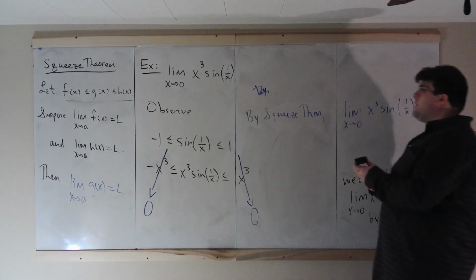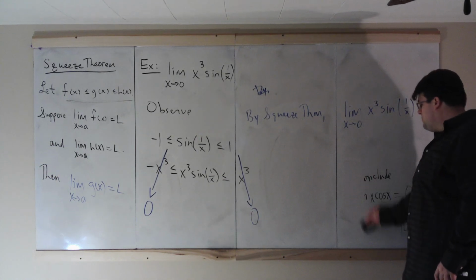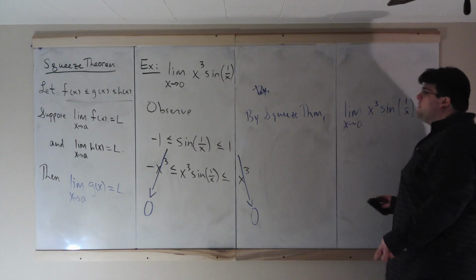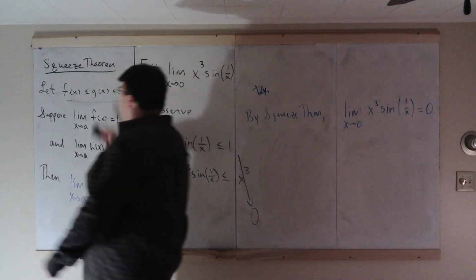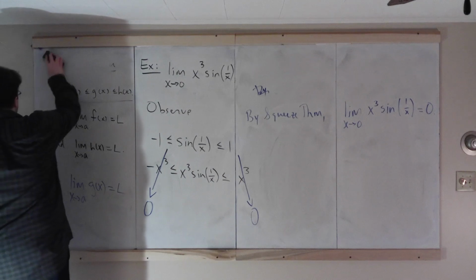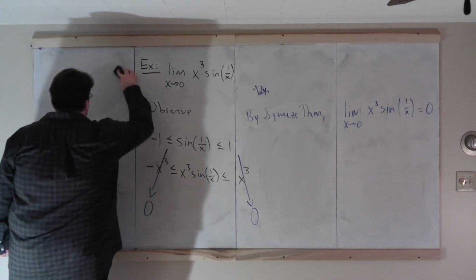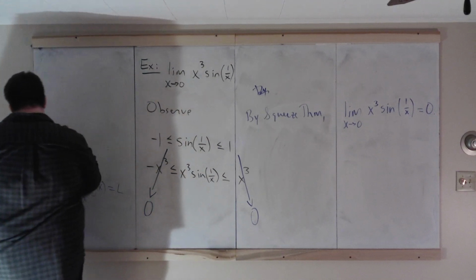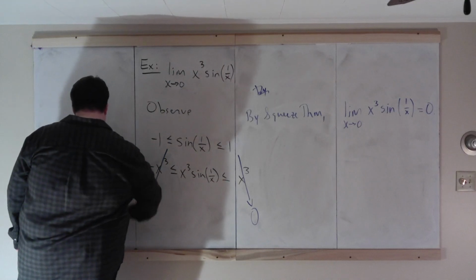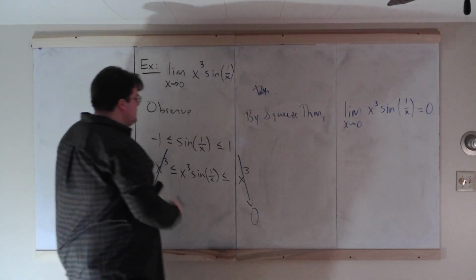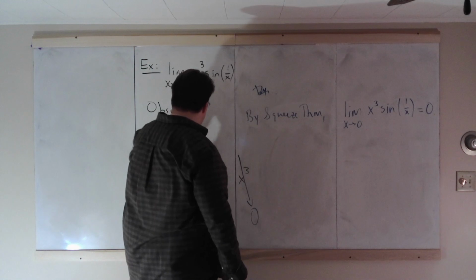So by Squeeze Theorem, that limit is 0. So we can set up the Squeeze Theorem inequality we want using algebra sometimes. But we could also set it up using some geometry, using a graph.